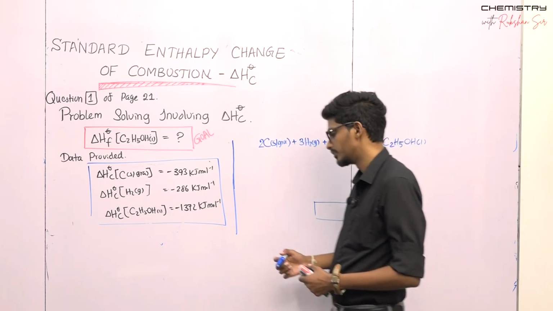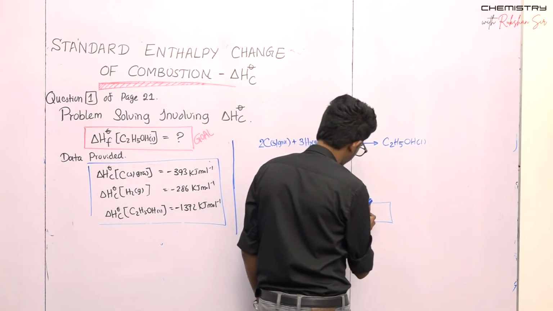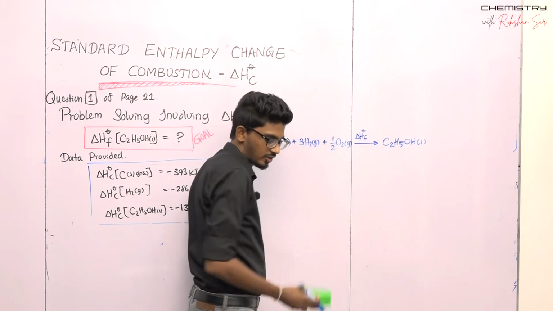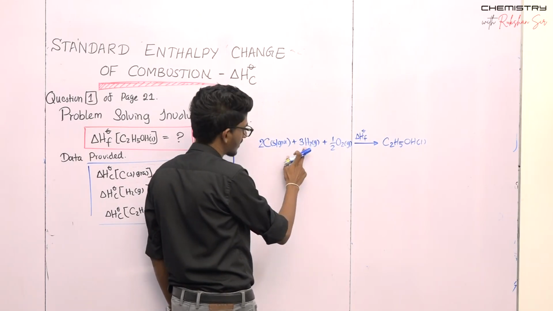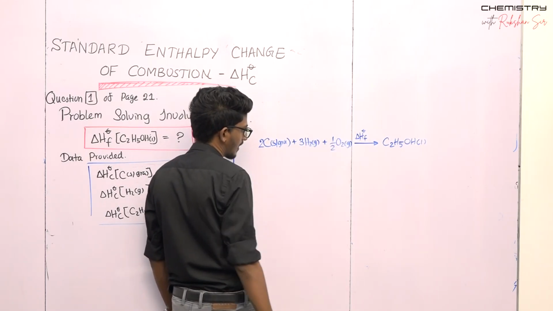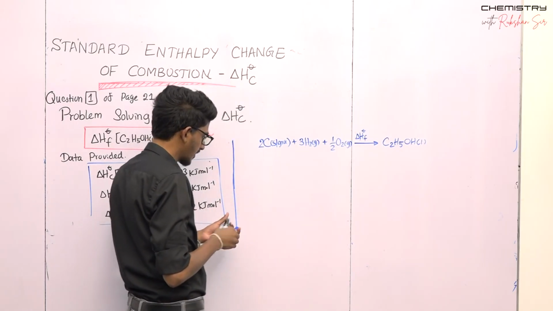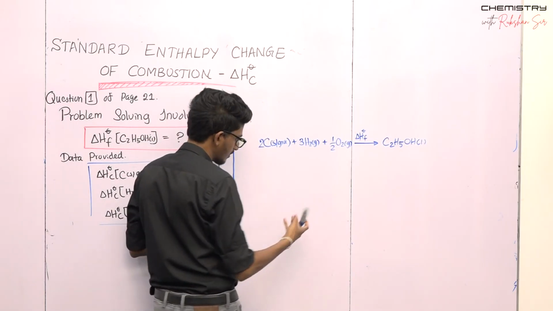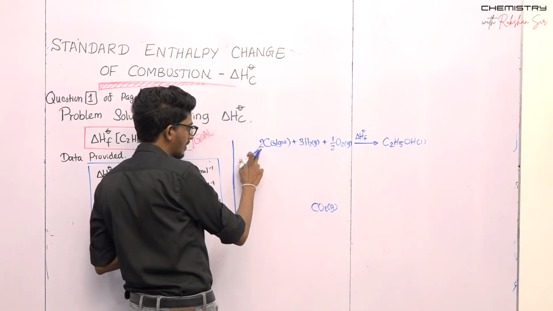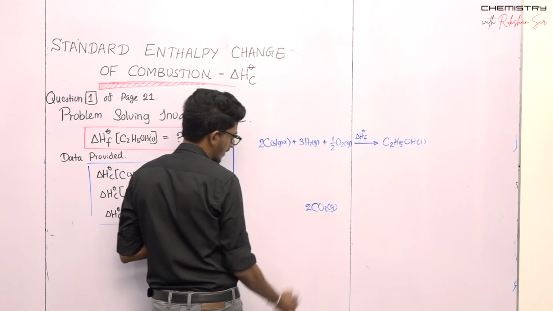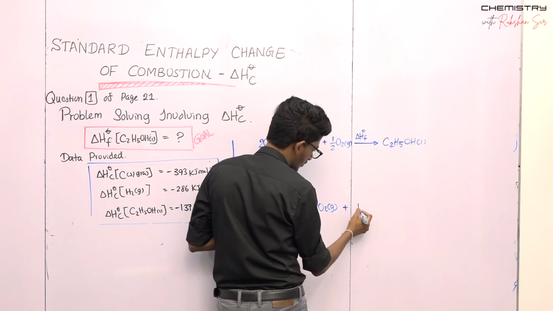This system contains 2 carbon atoms, 6 hydrogen atoms, and 1 oxygen atom. Carbon's oxide is CO2 gas. As 2 carbon atoms appear, 2 CO2 should be formed, and hydrogen's respective oxide is H2O liquid.